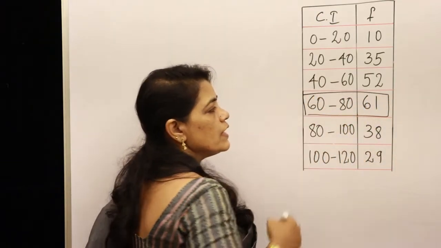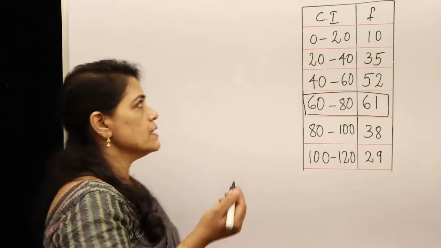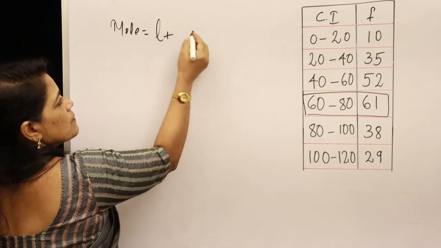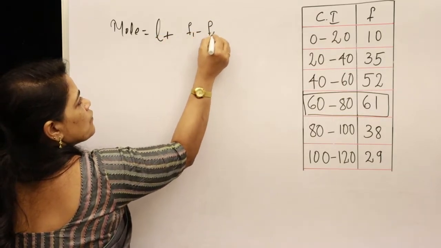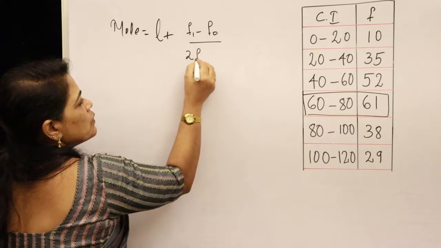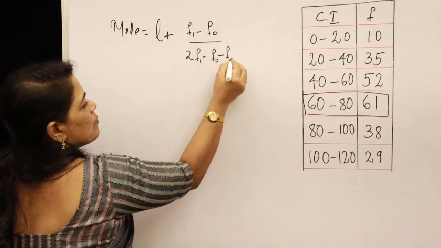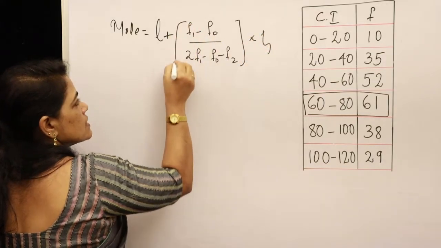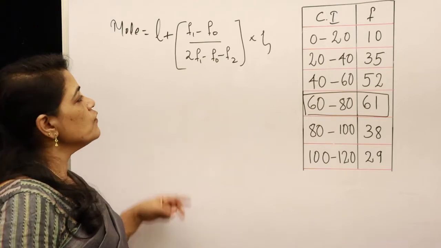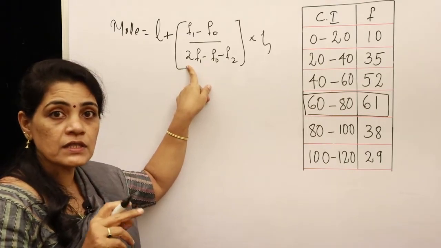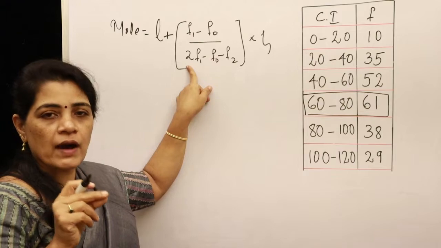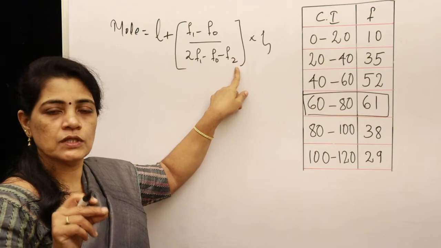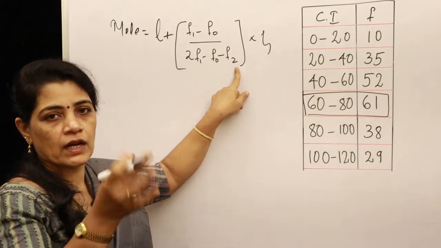So we can write down the formula: mode is equal to L plus (F1 minus F0) divided by (2F1 minus F0 minus F2), into H, the class width. Children, don't forget this, don't confuse this denominator, 2F1 minus F0 minus F2. 1, 0, 2: 0 comes in the middle, and then 1 and 2.